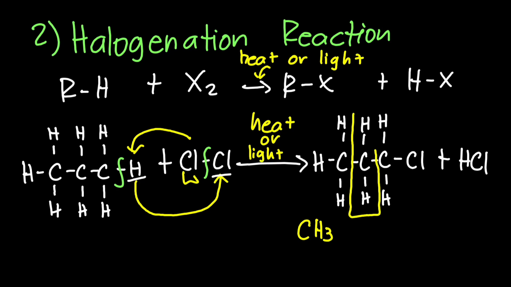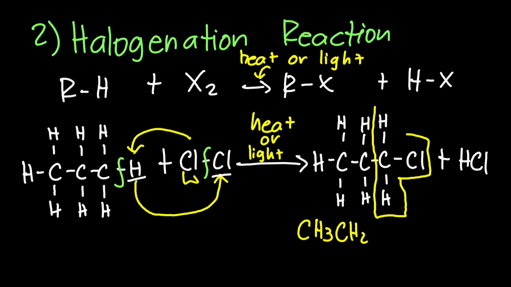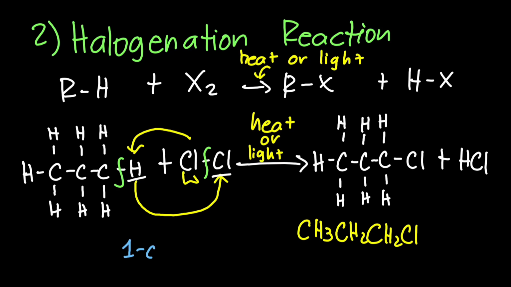Next up would be CH2. And put this first, which is CH2. And the remaining Cl. And the name of this would be 1-chloro. And we have 3 carbon in here, which corresponds to propane. So your product here would be 1-chloropropane.